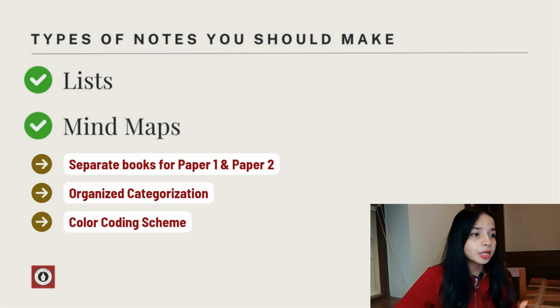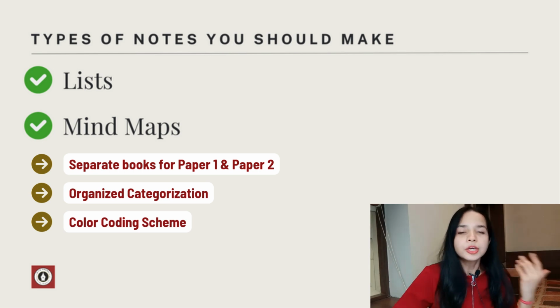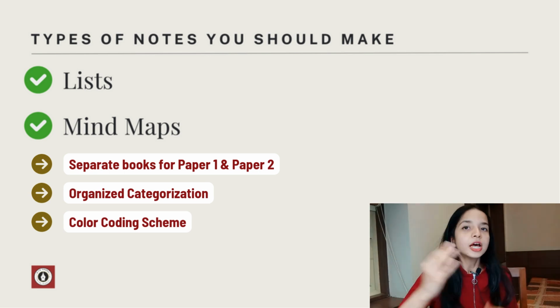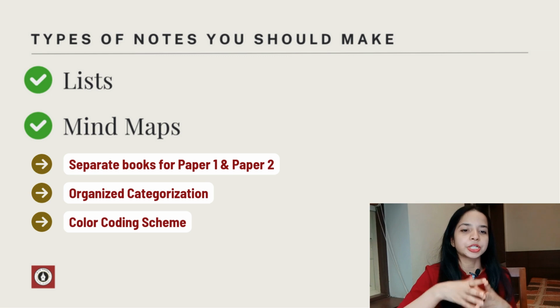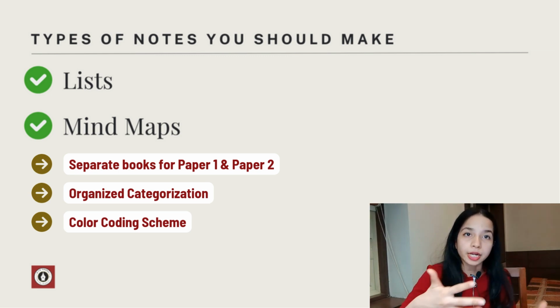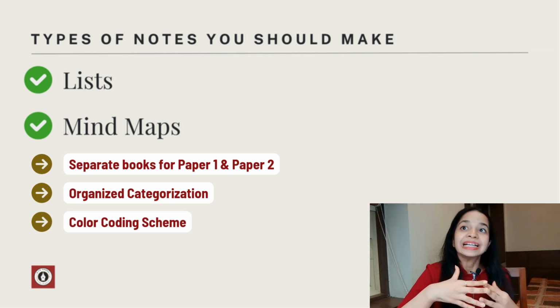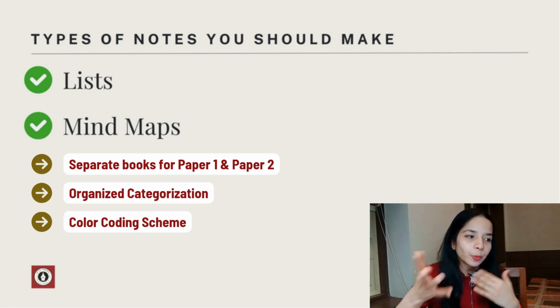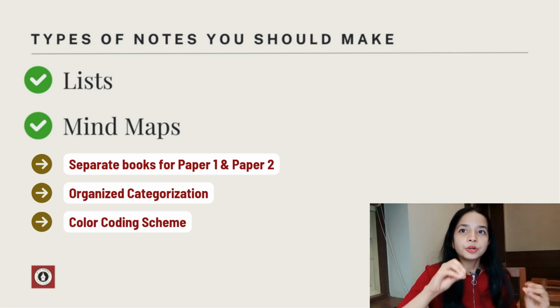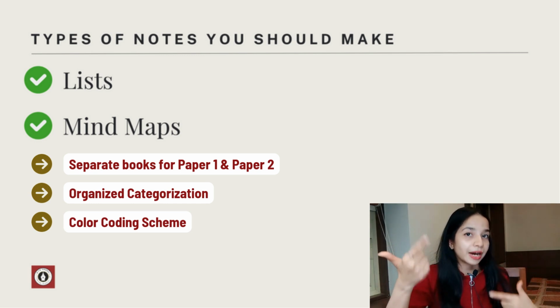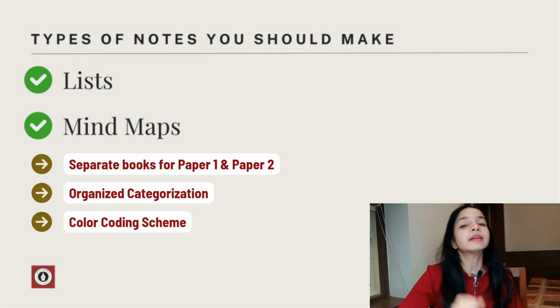For example, you can use blue pens for certain literary terms and concepts, so you know that these are the literary terms and concepts which are frequently asked, and you have to remember them. So these are some of the ways that you can keep your notes more organized, more comprehensive, clean and neat, so that whenever you sit down to revise, you are able to revise better and retain faster.